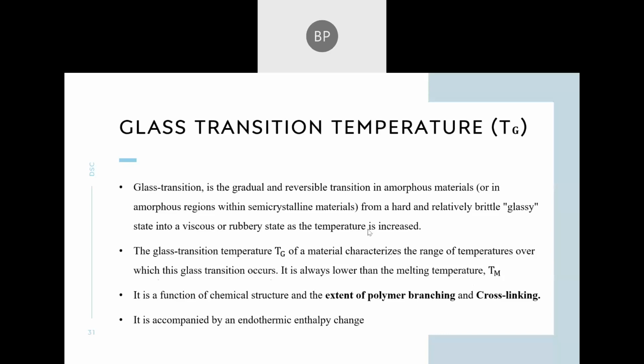And this glass transition is observed in the heating scan curve. It depends upon the chemical structure, extent of polymer branching, and also cross-linking. And as shown earlier in the schematic diagram, the glass transition is an endothermic enthalpy change. Let's see the glass transition curve.